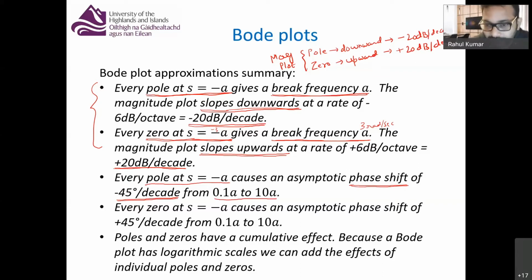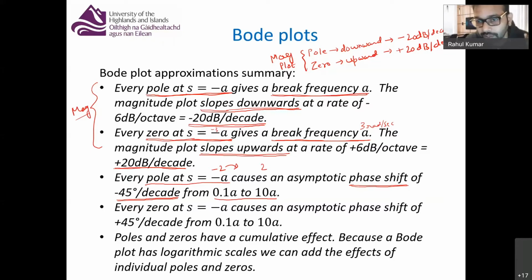So let's say you have a pole at minus 2; it will cause an asymptotic phase shift of minus 45 degrees. And where will it start? It will not start from 2. In the case of the magnitude plot, the slope change starts from the break frequency.